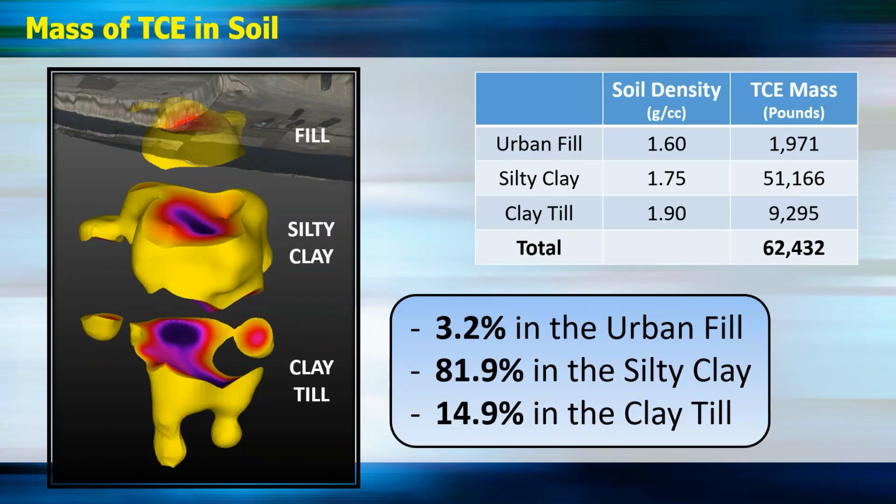So we knew that an injection wasn't likely to work here because the clays were just so dense, and that's why we went to a soil mixing strategy, because of the amount of contamination and that there was so much in both the silty clay and clay till.